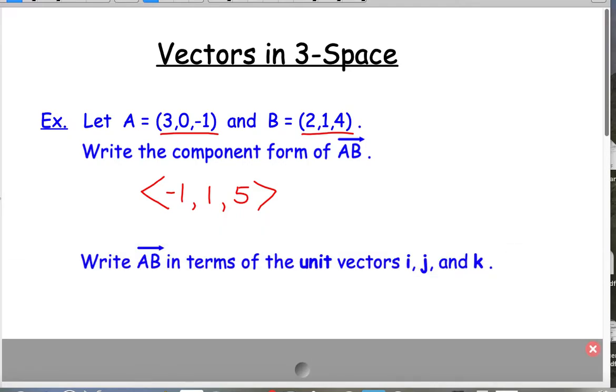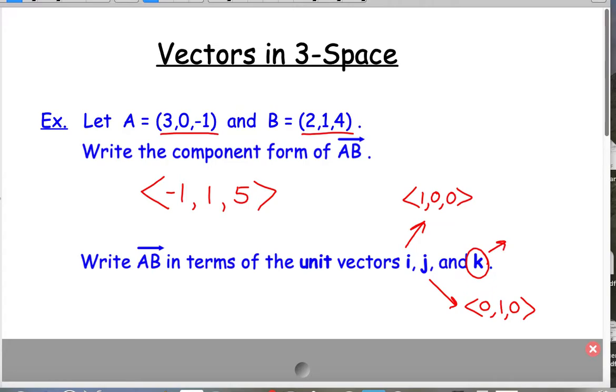How about writing AB in terms of the unit vectors i, j, and now we have the vector k. So what are these in 3D? Well, i used to be 1, 0, so now it's 1, 0, 0. j was 0, 1, so now it's 0, 1, 0.